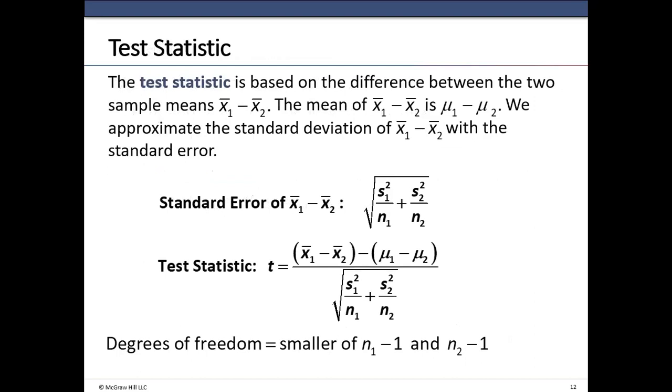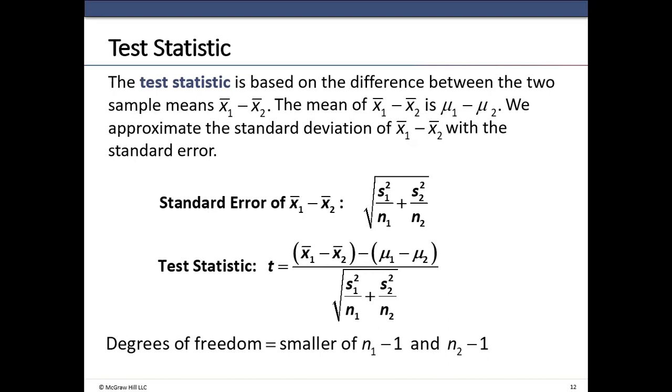So the test statistic is based on the difference between the two sample means, x1 bar minus x2 bar. The mean of x1 bar minus x2 bar is the population mean difference, that is mu1 minus mu2. We approximate the standard deviation of x1 bar minus x2 bar with a standard error. So basically, we calculate a test statistic where we compare the difference in the sample means with the hypothesized difference in the population means.